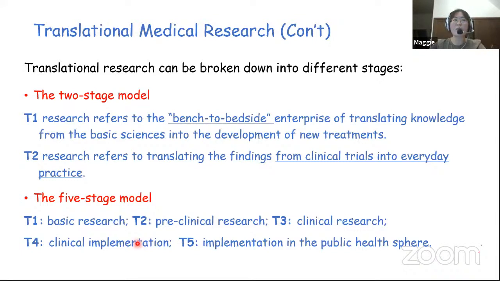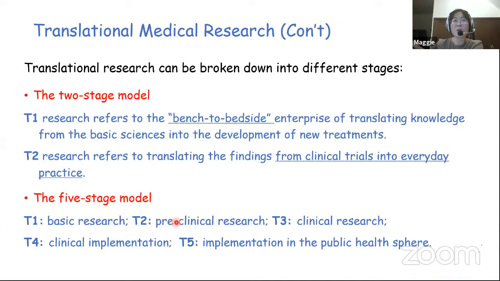I can give a very simple example. My lab is working on drug development. We study in the lab with mice or cells to evaluate whether one of the compounds can be used for the treatment of cancer, for example. If it works well in the animal or the cells in the T1 stage, it can move to the T2 stage.